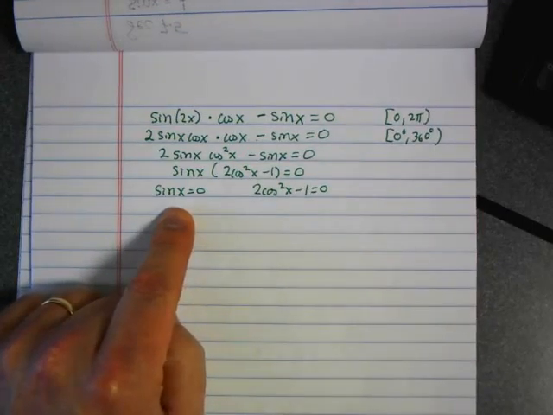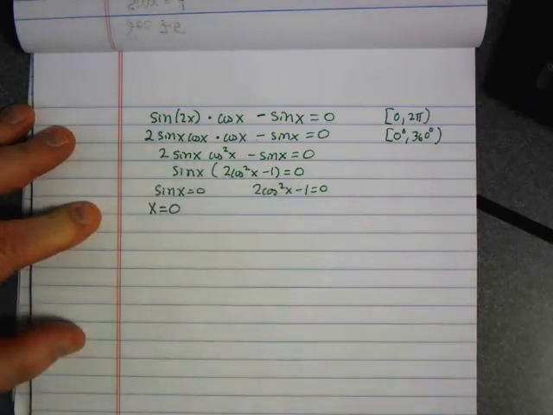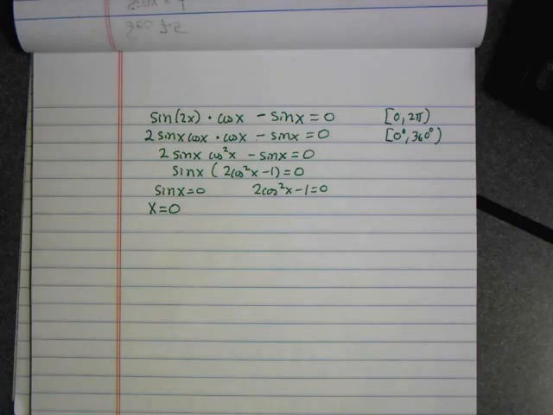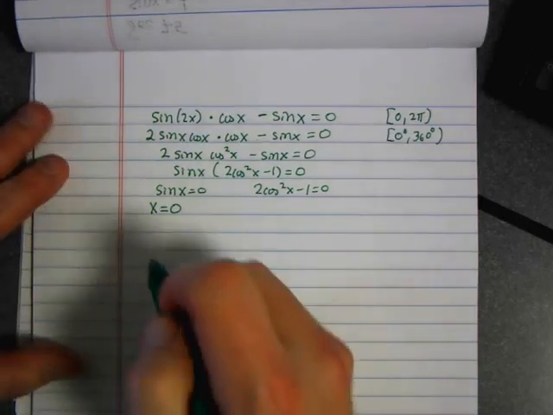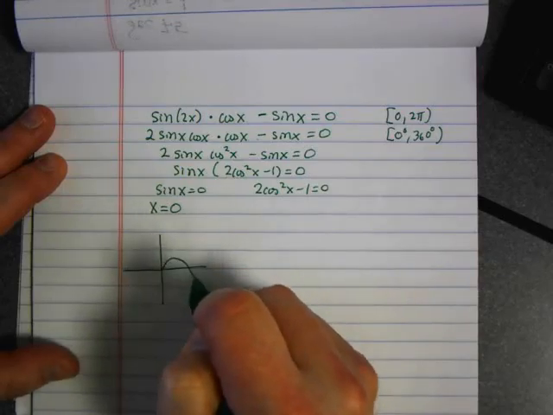x is 0, which is a correct answer. Is that in degrees or radians? Both. That's a trick question. That's right. Are there any other spots where sine of x equals 0? Remember, sine of x looks like this.